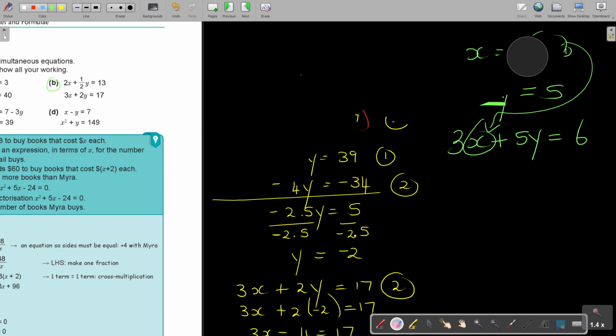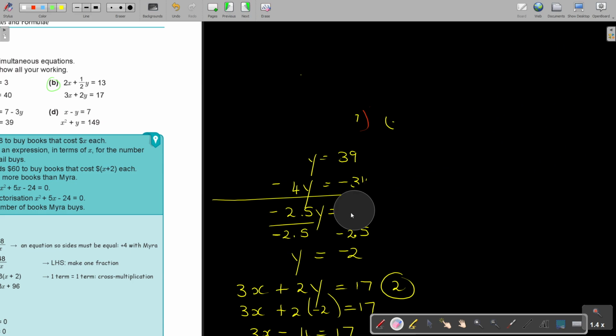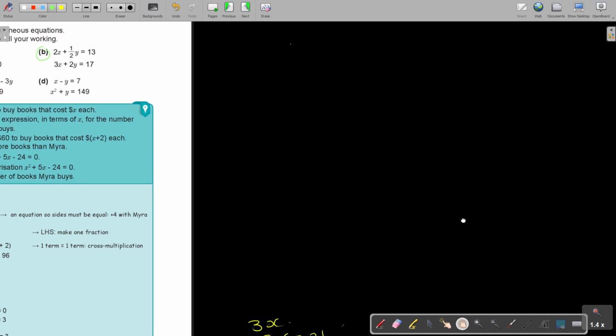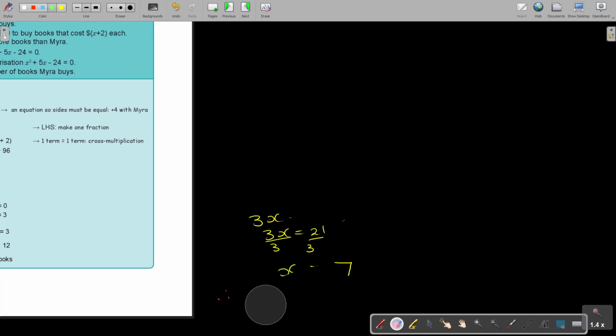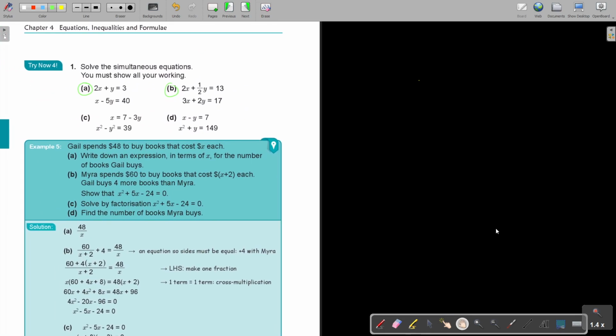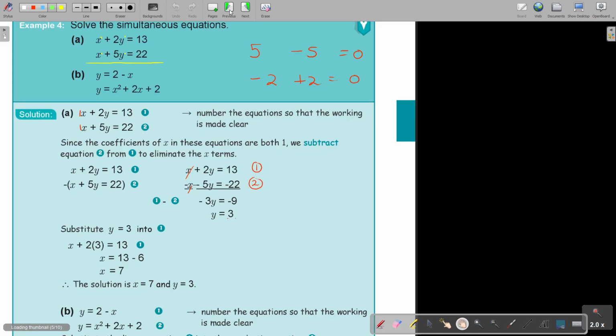So it's very important that you can do both methods, because the ones which I'm going to show you now cannot be solved with elimination. And the reason why is because one is a linear equation and the other one, I'm going to show you here, I just want to make a bit of space so that we see better, clean a little bit.